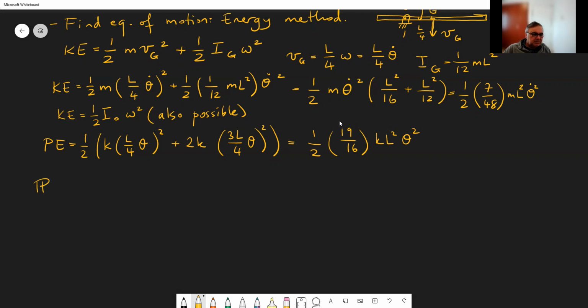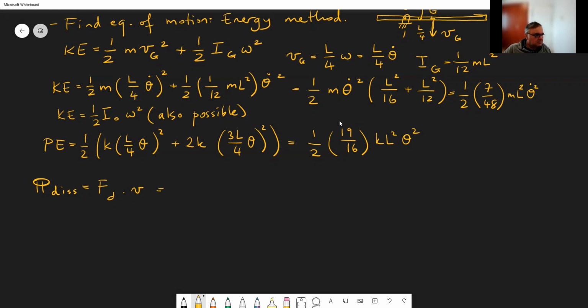Now there is the power dissipated. Dissipated power is the damping force times the velocity at the point where the force is applied, okay?